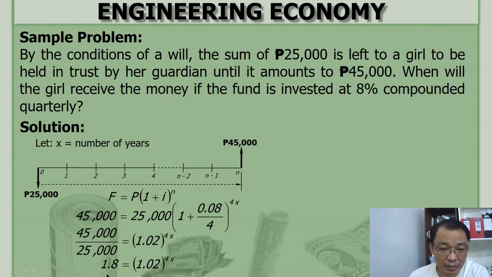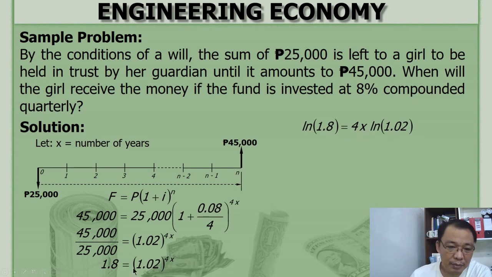You can use the calculator directly, shift solve, or to solve it correctly, when the exponent is the unknown, you use logarithms. So get the ln of both sides, and you will have ln of 1.8. Let's have a review. When you take the ln, the property of logarithms is that the exponent can be placed as a coefficient.